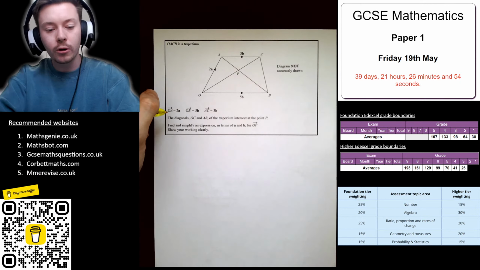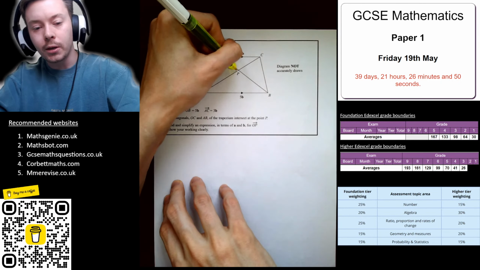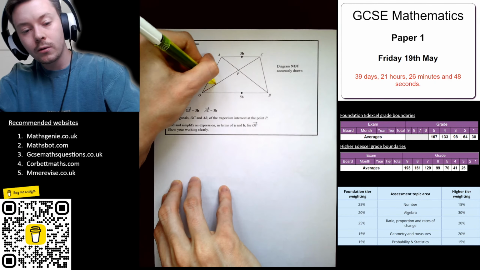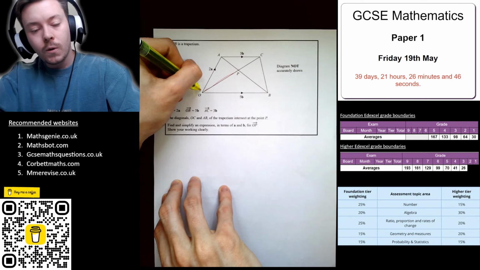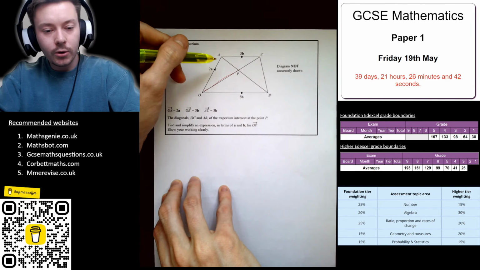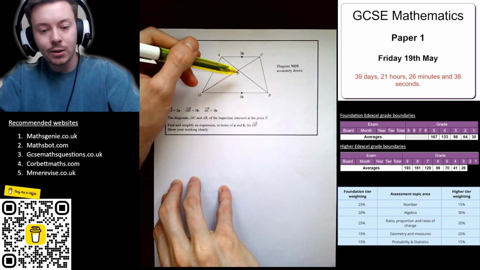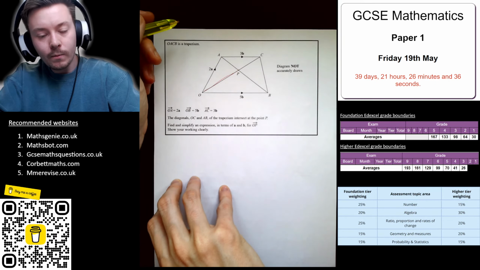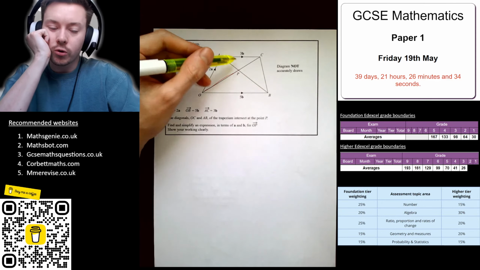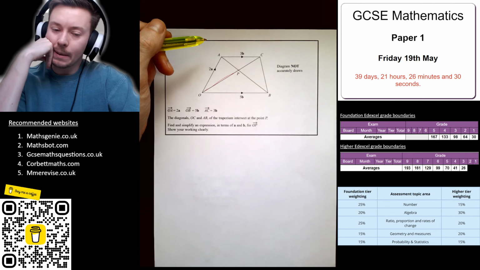For this question, we've got to find and simplify an expression in terms of a and b for O to P. Now, O to P, we don't know. We know these lines cross, so we know the diagonals OC and AB of the trapezium intersect at P. And we've got triangles here, and you could think about maybe looking at similar triangles, and that might work.